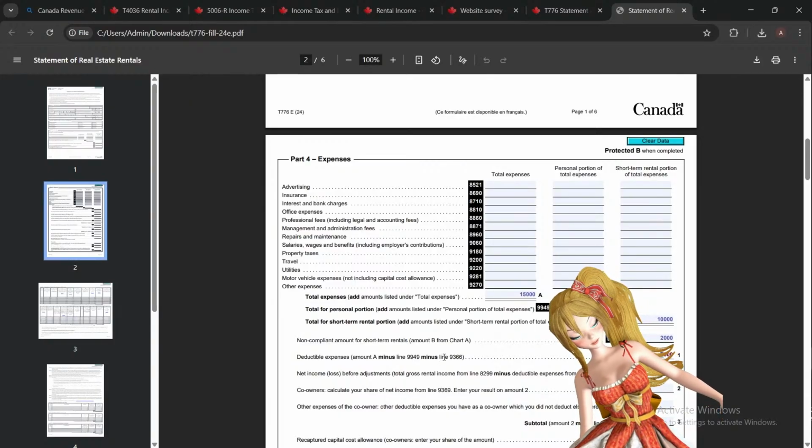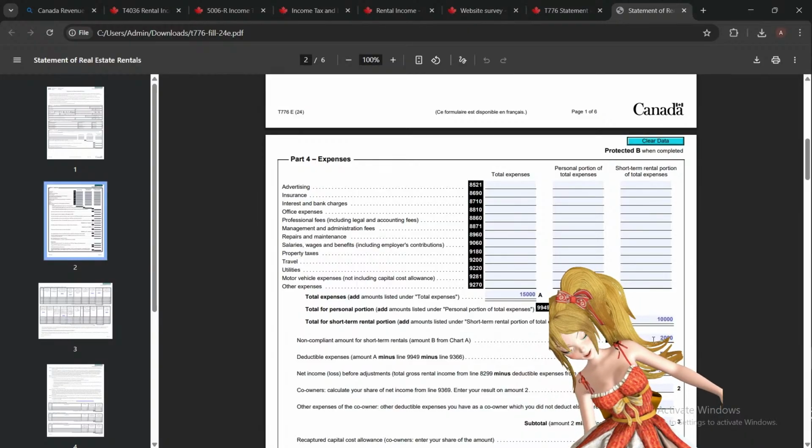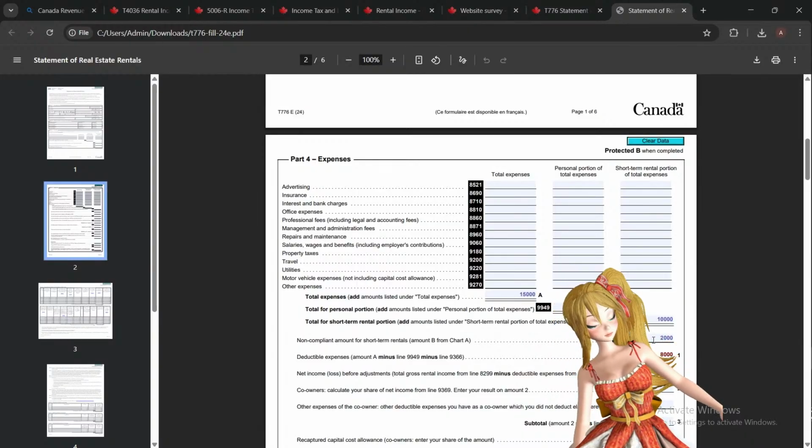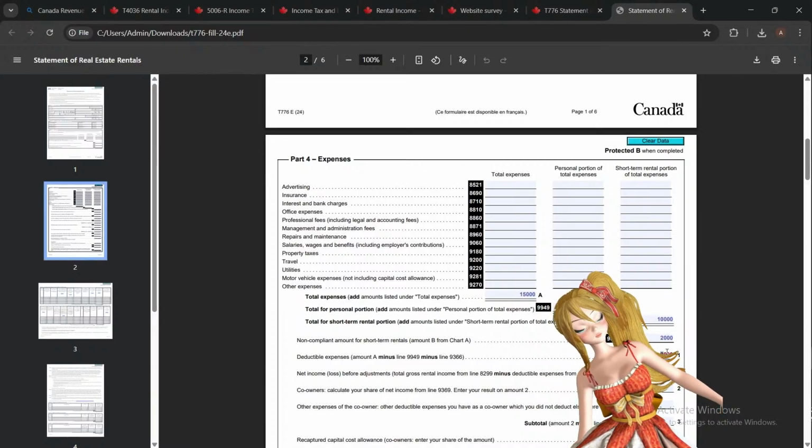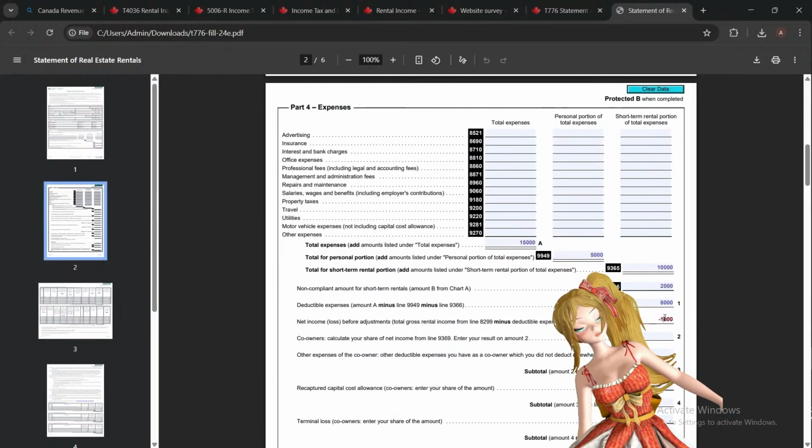Then the deductible expenses is now 15 minus 5, 10 minus 2 is 8. So there's more deductible expenses. Why is there more deductible expenses? They gave me $1,000. Why is there more deductible? I don't know.